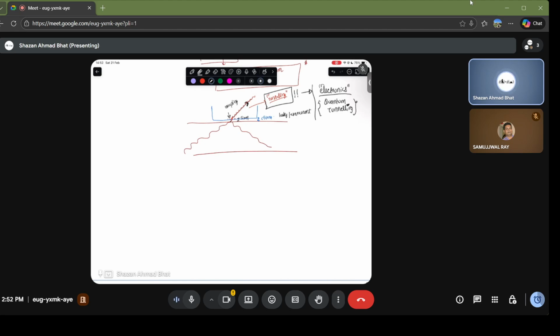But in electronics, this quantum tunneling is often studied even in undergraduate courses, in electromagnetics, in device physics courses, semiconductor device courses. That is exactly the same phenomenon there.